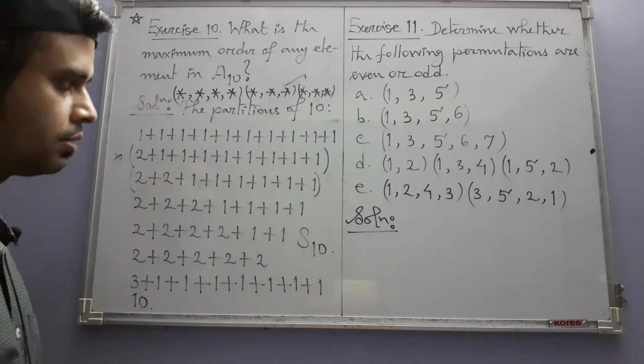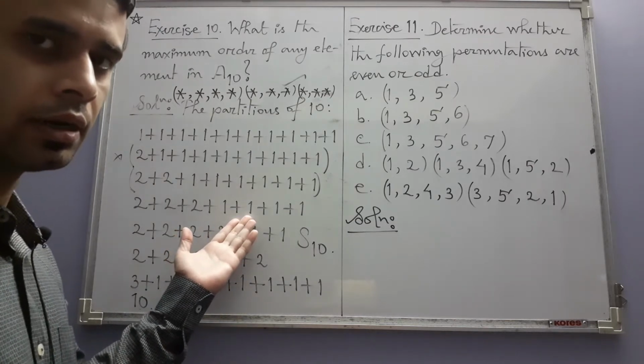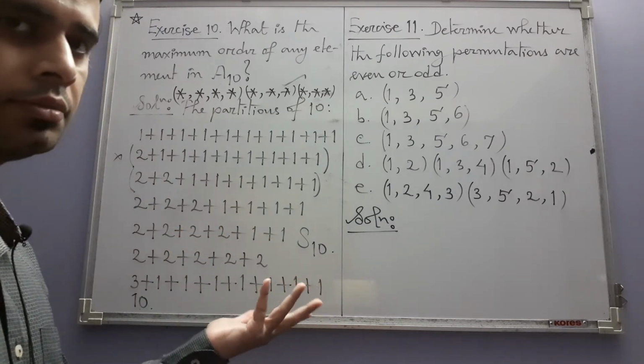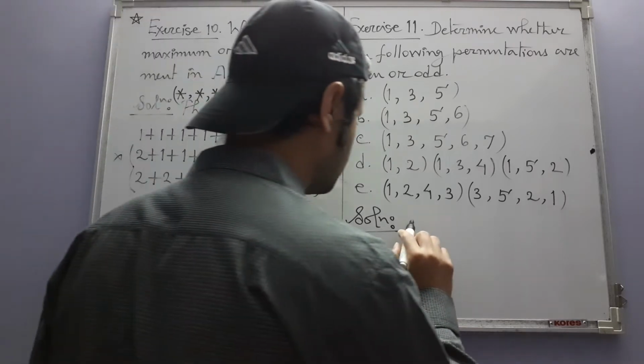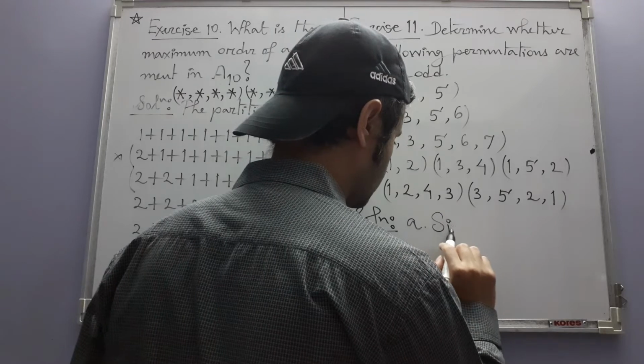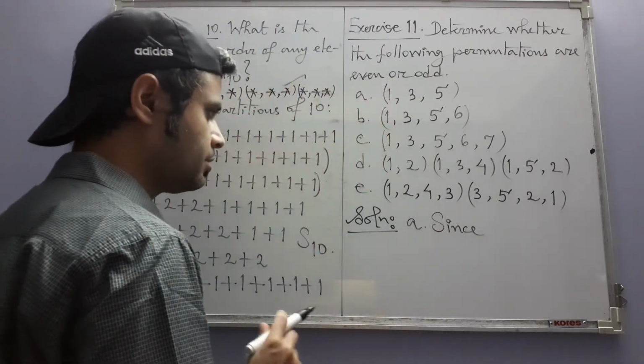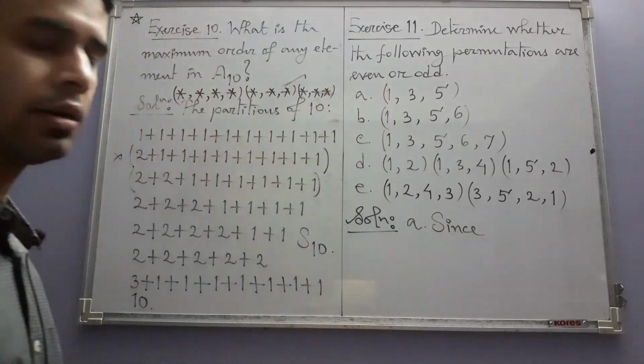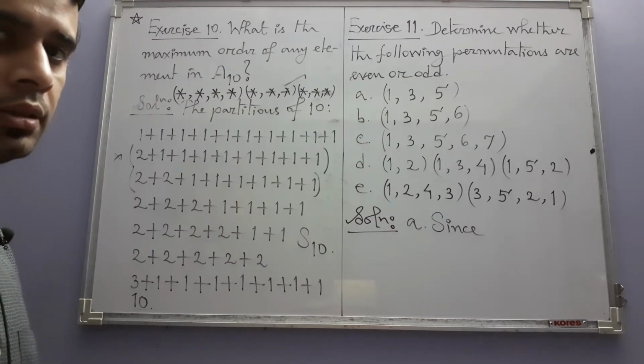That thing we were saying here, you can now see for yourself. Let's just show why a 3 cycle is actually an even permutation.